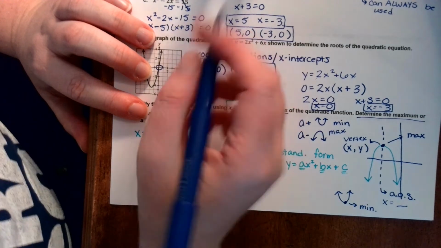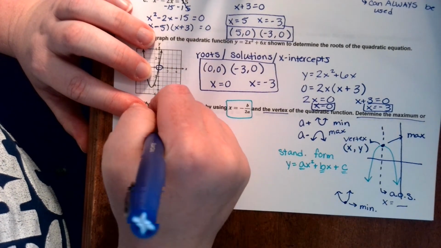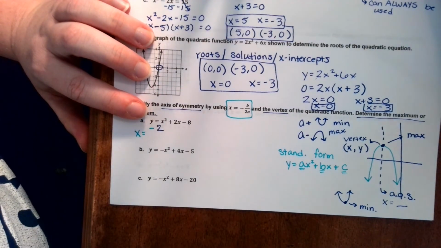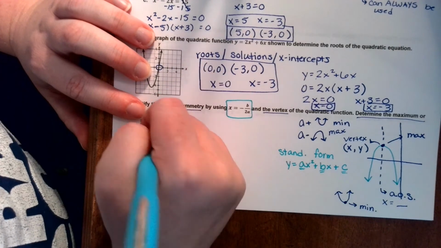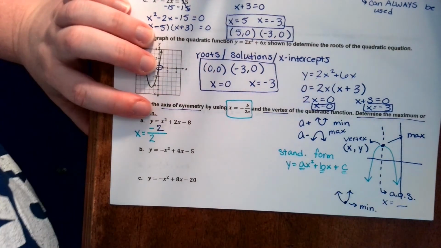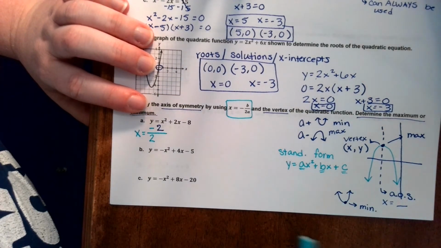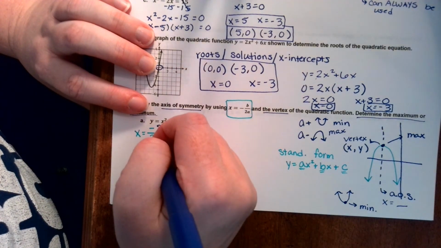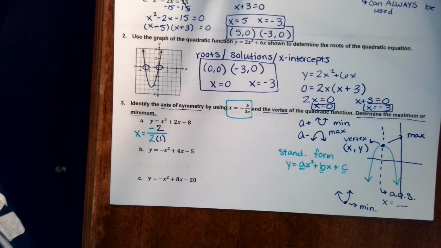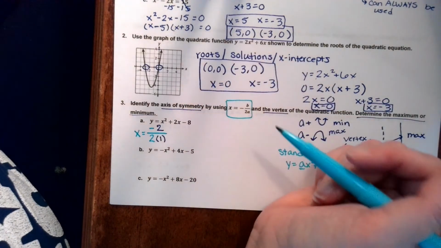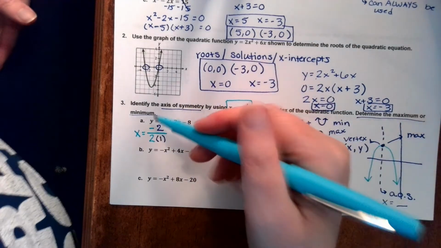So b is 2, over 2a. And my a value: there's nothing in front of x squared, so our a value is 1, because we have 1x squared. Even though I didn't write a 1 in front of it, we know that we have 1.